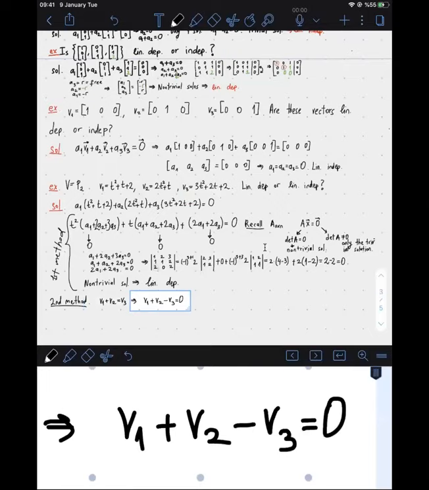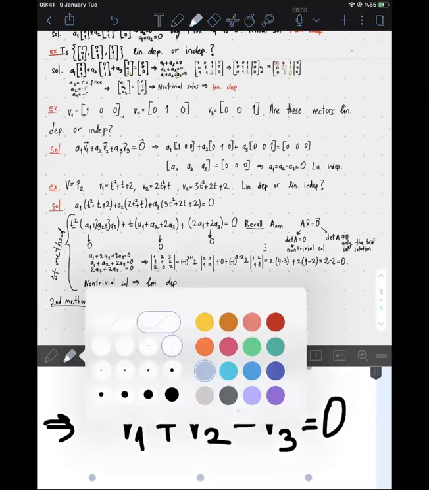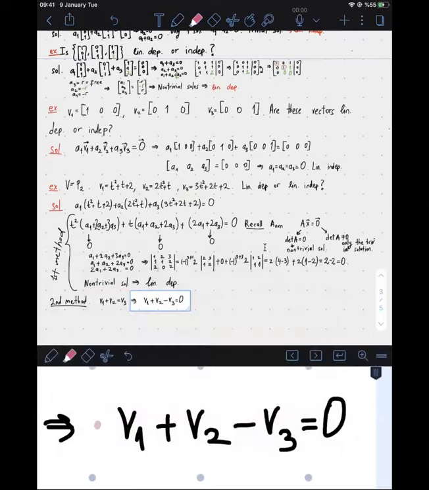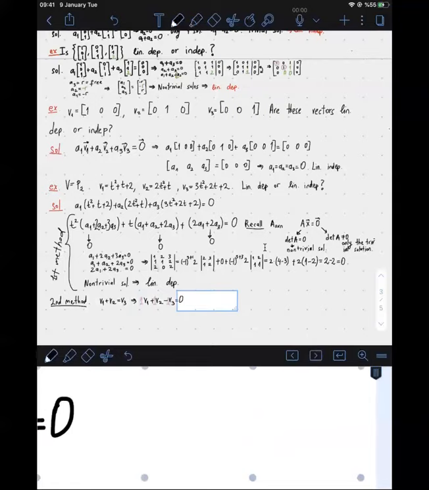Why? Because I can choose these coefficients as, let me make this another color. So this coefficient A1 is 1, A2 is 1, and A3 is minus 1. So there's a non-trivial solution of A1 V1 plus A2 V2 plus A3 V3 equals 0. Okay, so this also tells us that these vectors are linearly dependent.